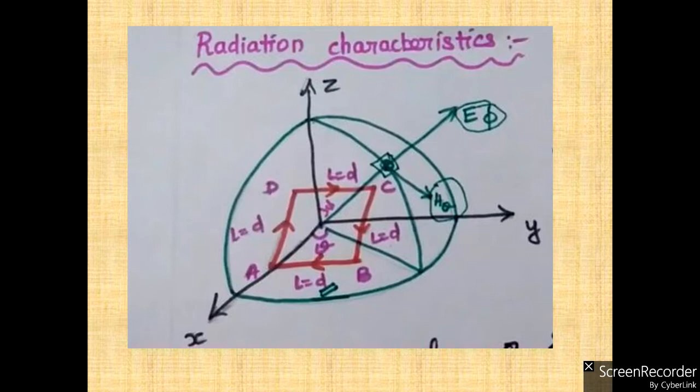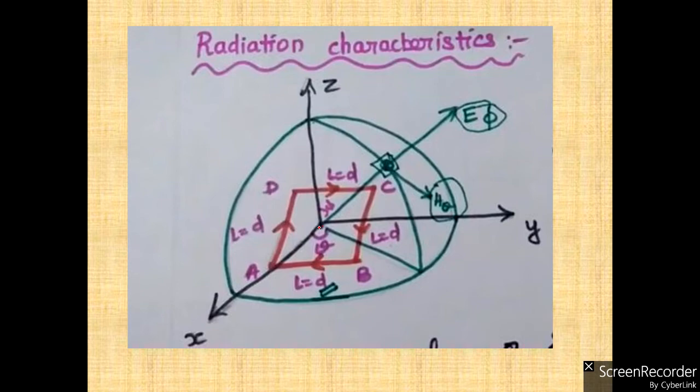So initially we consider the basic Cartesian coordinate system as x, y, z, and the center as origin, we keep this particular loop at the center. So the center of the square has to meet with the origin, right?